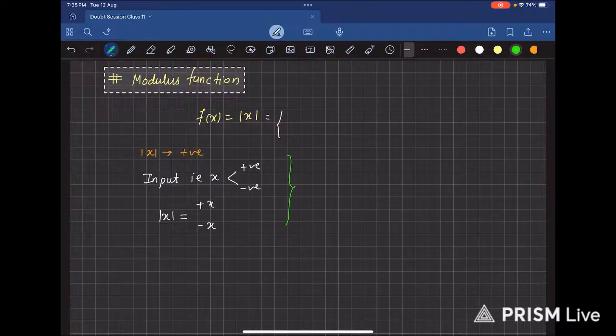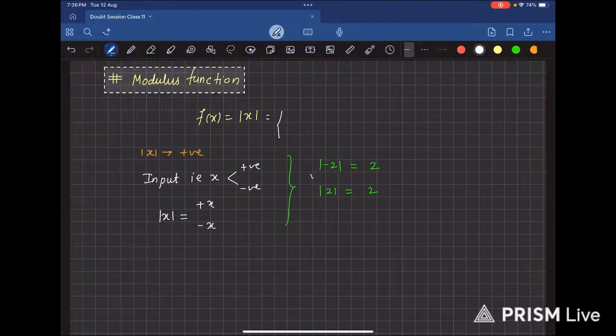Why am I writing plus x, minus x? Let us say I have to find mod of minus 2, so it will be plus 2. But if I have to find mod of only 2, this will also be plus 2. Okay, so mod minus 2 is equal to plus 2 and mod 2 is equal to plus 2.